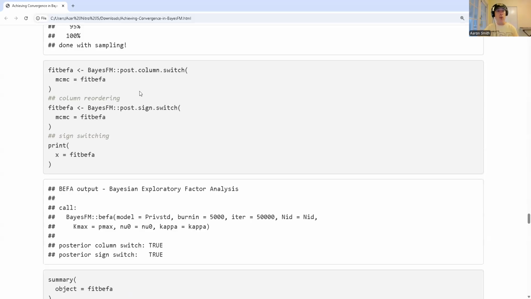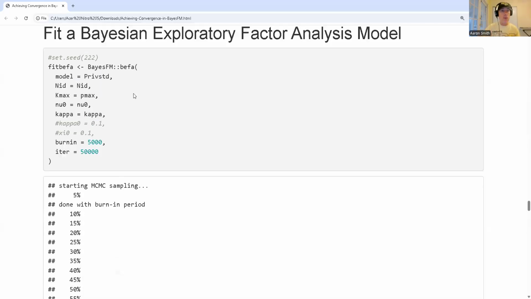All right. So now something that we can do is set it up so that after it's done with the fitting, the results as is off of BEFA might not have the factors in the order that we want, and the sign values might be opposite of what we want them to be.